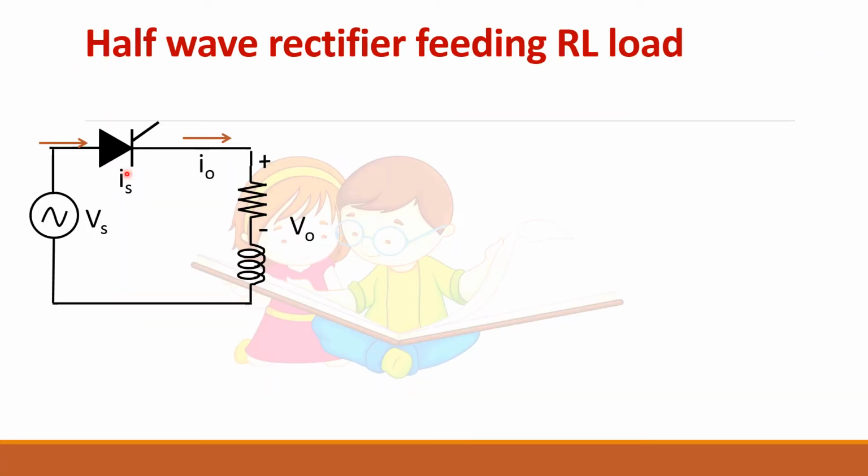So already we have seen about half-wave rectifier feeding RL load. The main limitation of this circuit is that inductor current will not become zero at pi. It continues to flow even after pi. So this thyristor will be conducting even after pi.